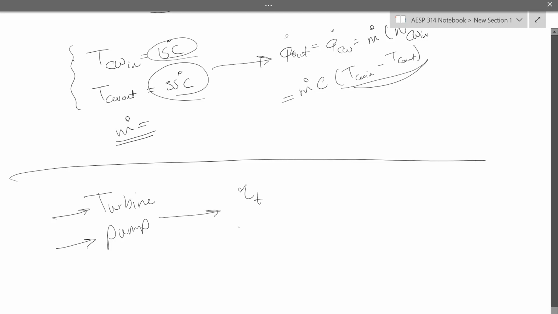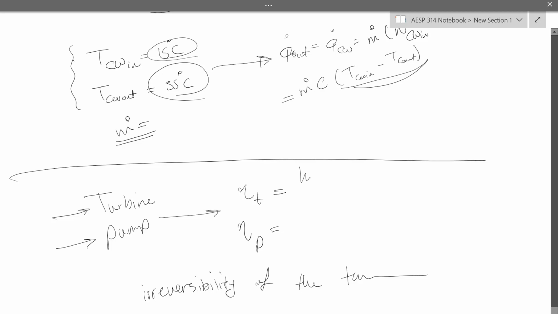So efficiency of turbine, efficiency of the pump. This is going to help us include the irreversibility of the turbine and pump processes.